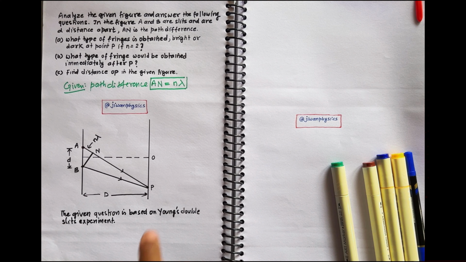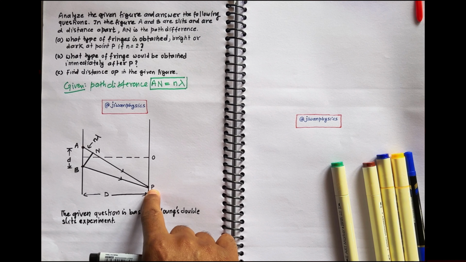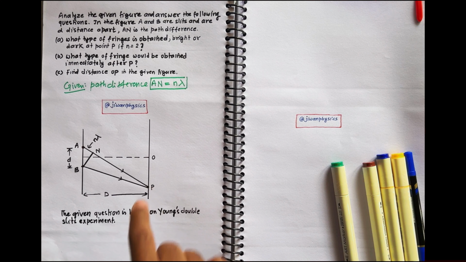So fringes obtained at P can be bright or dark depending on the condition for constructive and destructive interference.